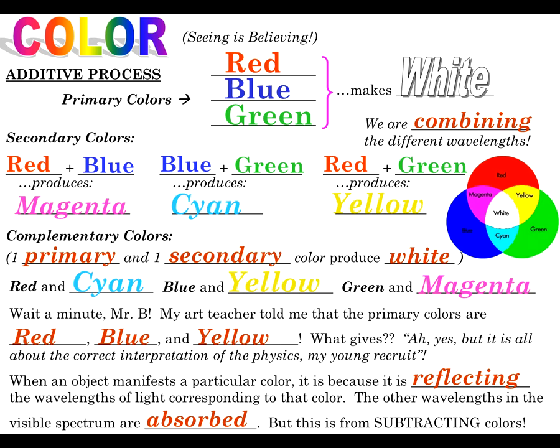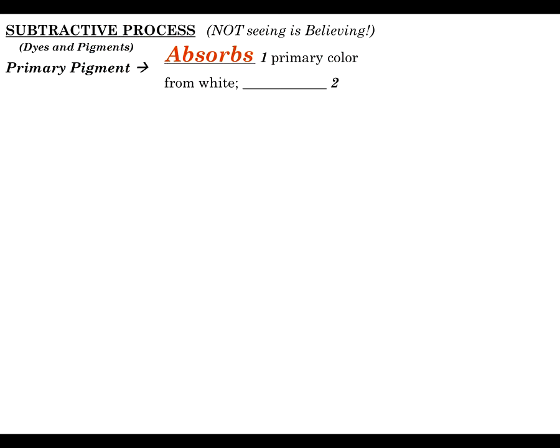So let's consider the subtractive process. In the subtractive process, we are not adding wavelengths of light, we're taking them away from white. You start with all the wavelengths and you start removing some. So the primary pigments are absorbing one primary color but reflecting the other two. The primary colors are red, green, and blue.